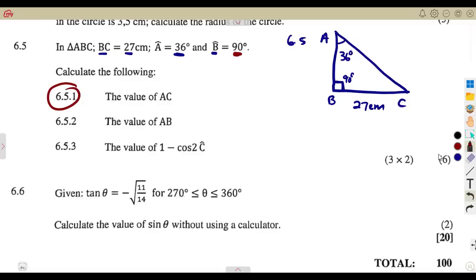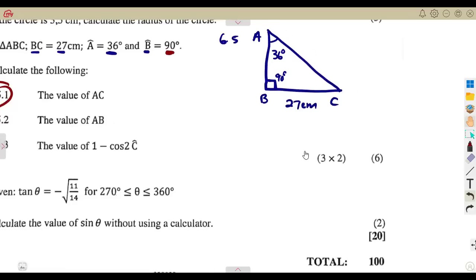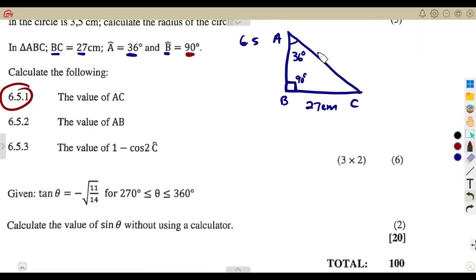So 6.51 was to calculate the value of AC. That is the length of AC. We can use our trigonometrical ratios, guys. As you can see, we have got an angle here. According to this angle, this BC that we are given is the opposite. AC is the hypotenuse, the one that faces the 90 degrees.